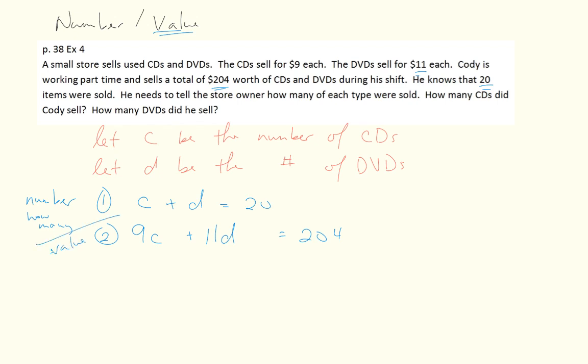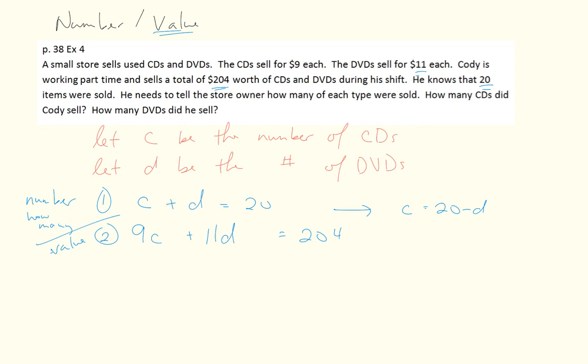Number one is very easy to rearrange. We could solve this by elimination, but for me this is a substitution type because it's very easy just to change this to C equals 20 minus D. Whenever I can solve easily for a variable because it's nice and naked, with no coefficient in front of it, I go ahead and do that.